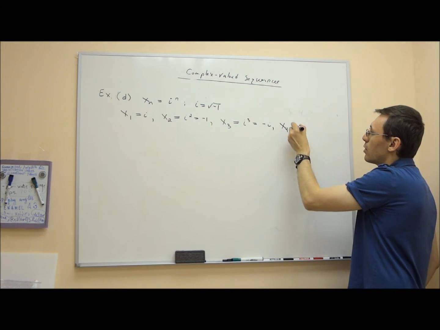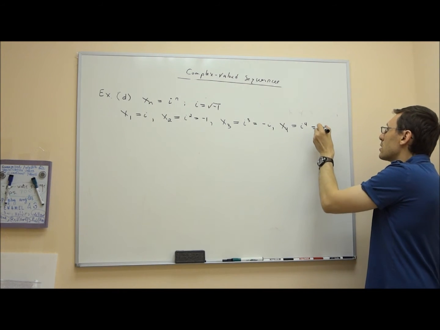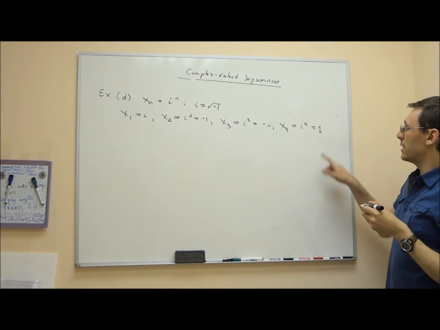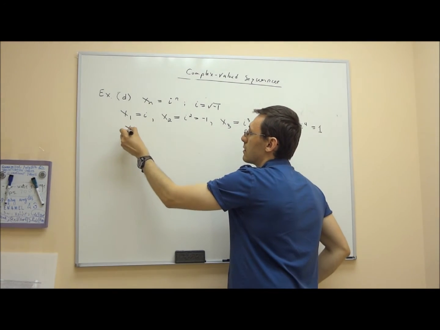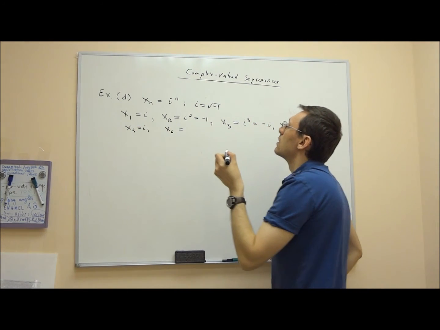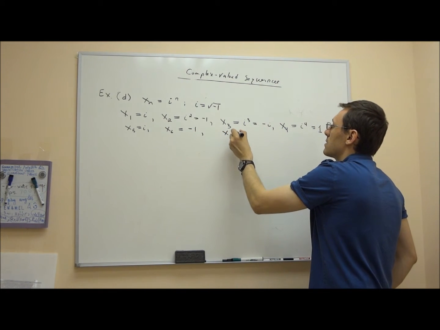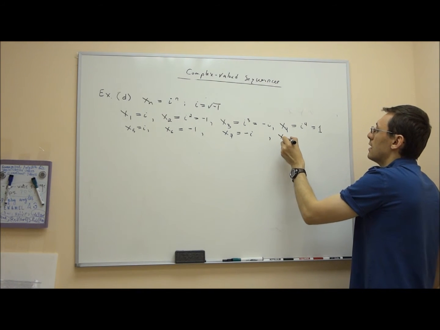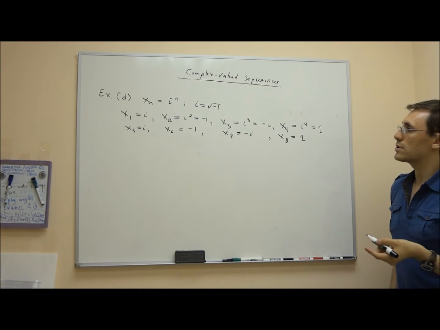And x4 is equal to i to the power 4, which is going to be equal to 1. x5 is going to now again be equal to i. x6 is going to be equal to -1. x7 is going to be equal to -i. And x8 is going to again be equal to 1. And it cycles through those positions.